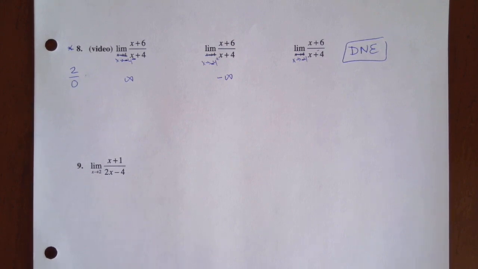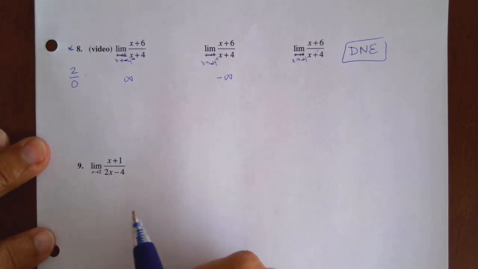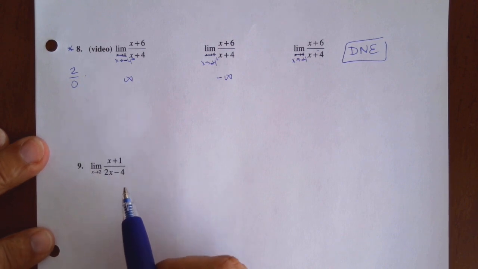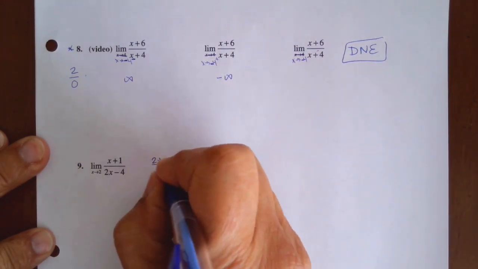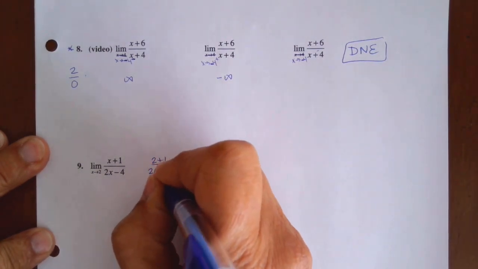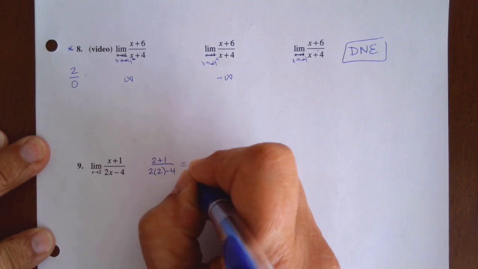We got the limit as x approaches 2 of (x plus 1) over (2x minus 4). So again, if I'm doing this problem, I don't know if this goes to infinity or if I get a number answer. So I always have to do direct substitution. So if I plug in 2, I get 2 plus 1 over 2 times 2 minus 4. Well, that gives me 3 over 0.